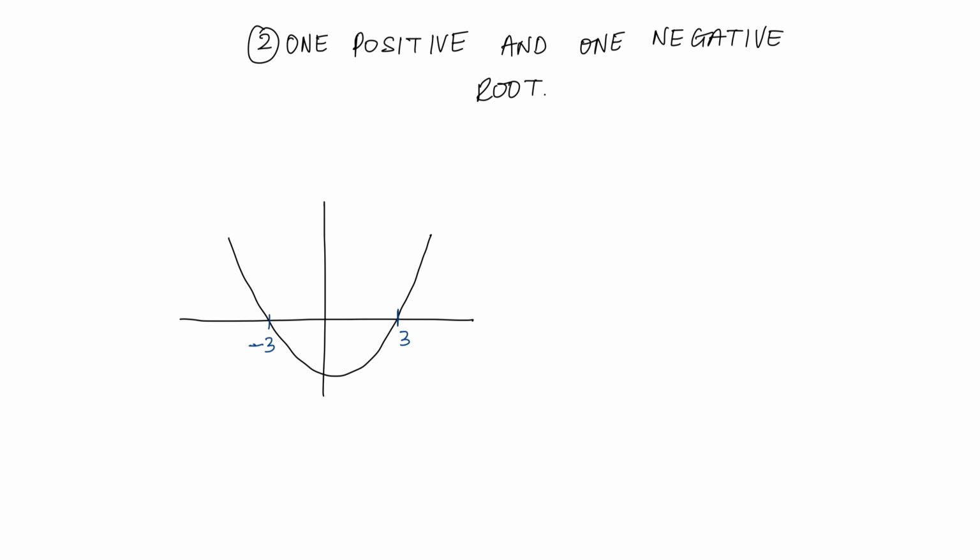So in this case, 3 times negative 3 is equal to negative 9. The product of the roots is going to be negative. If we have a positive and a negative root, we can conclude that the product is negative.